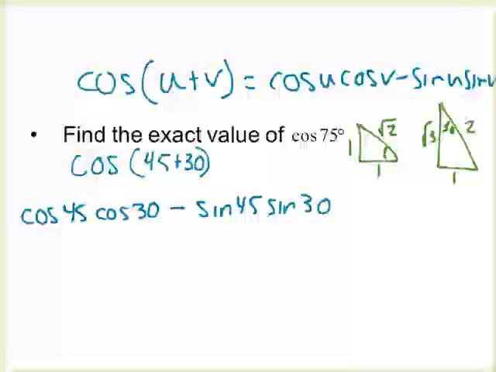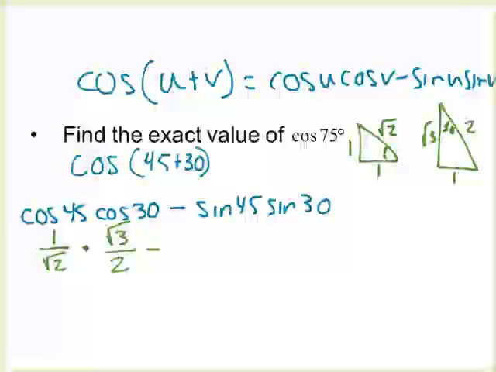What's SOHCAHTOA for cosine? Adjacent over hypotenuse. So adjacent over hypotenuse in the 45, 45, 90 is 1 over the square root of 2. Cosine of 30, adjacent over hypotenuse for the 30. Square root of 3 over 2.